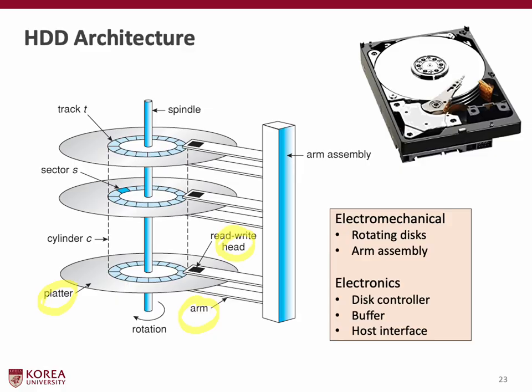This means to access a specific sector of the disk, the platter should be rotated and the arm should be moved to the correct position. And there is also a disk controller and buffer which handles the communication between the operating system and the hard disk drive. And the host interface connects the hard disk drive to the rest of the system, usually through SATA or another bus.